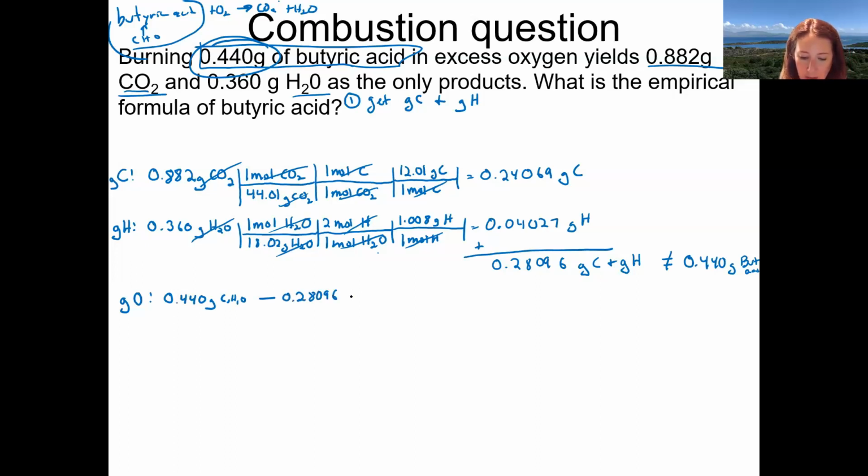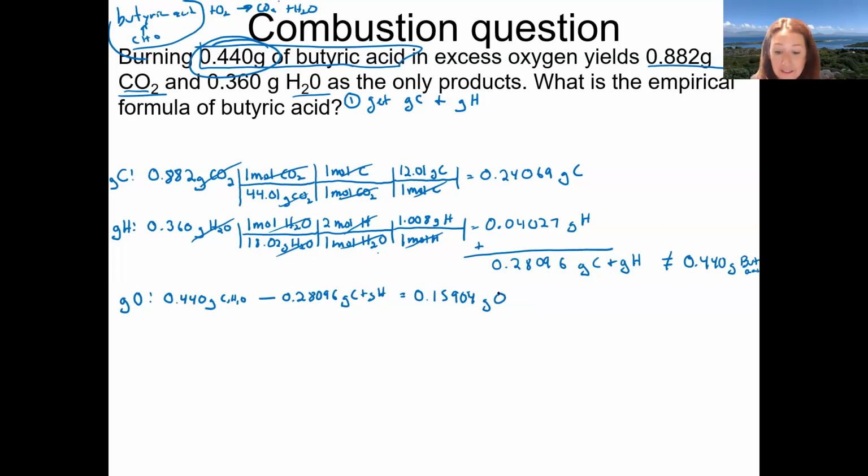Probably went a little crazy with the calculator here, grams of C plus grams of H. When I subtract it, it's going to give me grams of O. So 0.440 minus 0.28096 is 0.15904 grams of oxygen. This is the extra step we have to do.